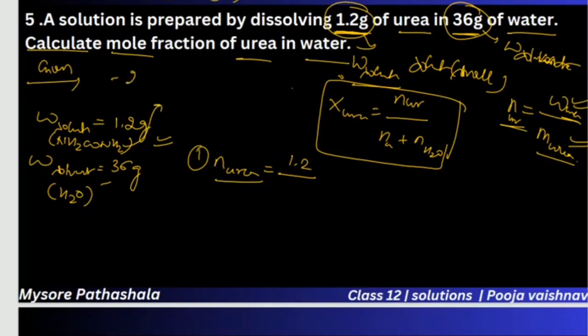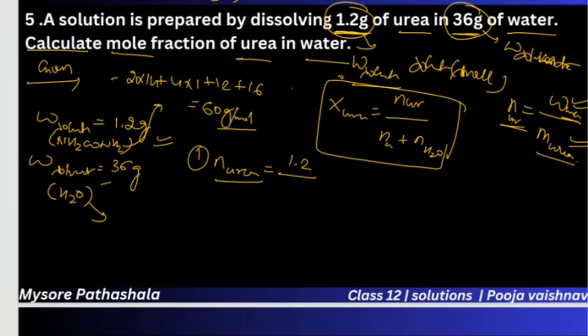Nitrogen, 2 nitrogen is there, 2 into 14 plus 4 hydrogens are there, so 4 into 1 plus carbon only 1 plus oxygen 16. So if we solve this, we are going to get the value as 60 gram per mole. Okay, gram per mole.